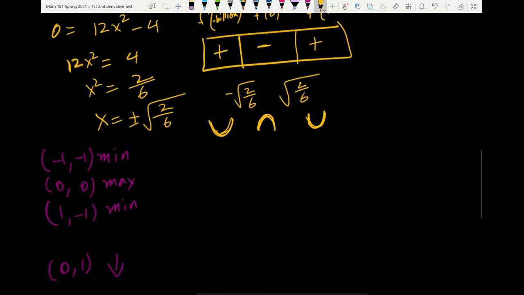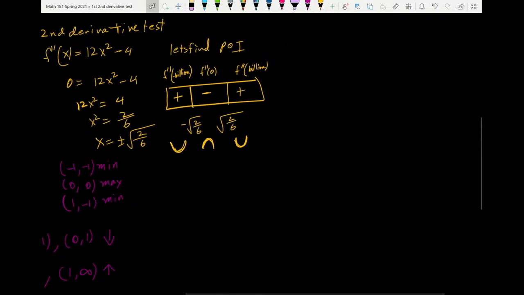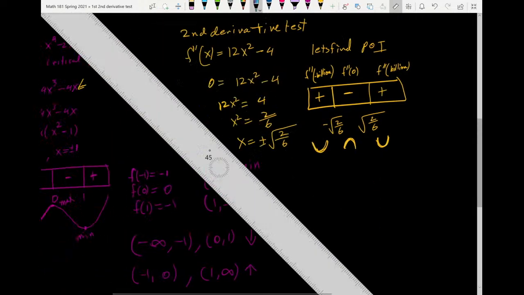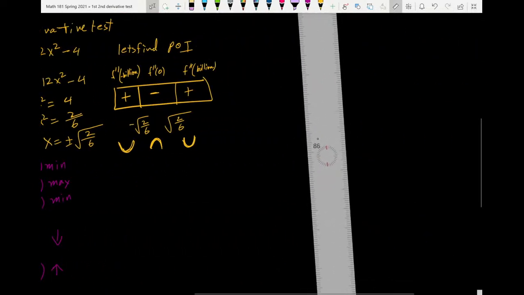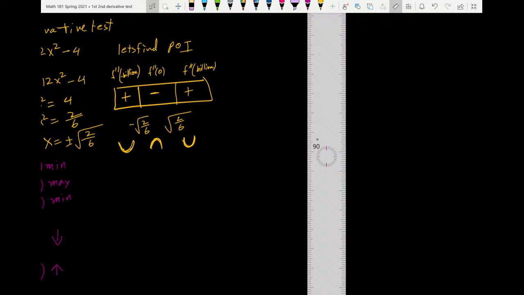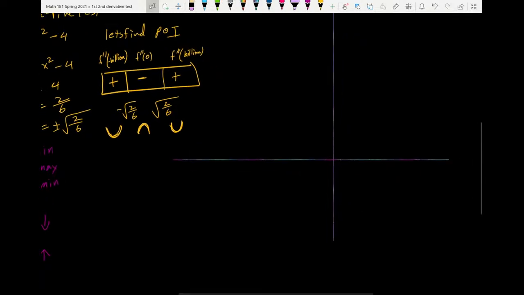All right, so let's graph this sucker. Let's see if we could try to do that.